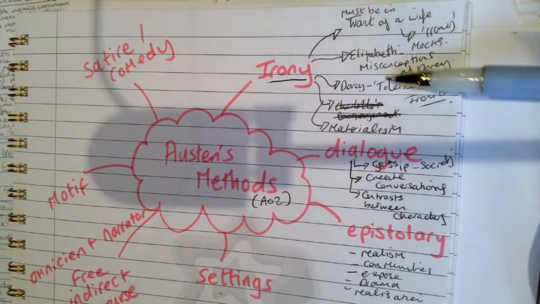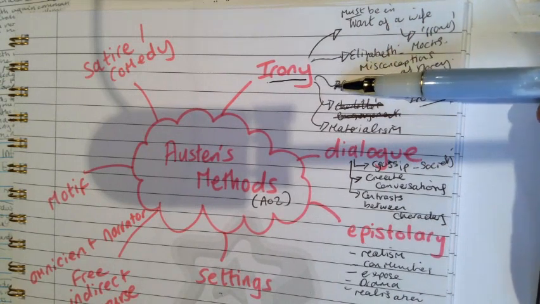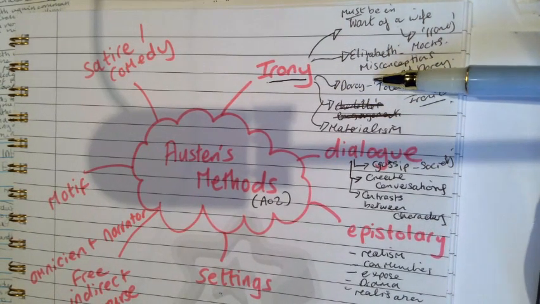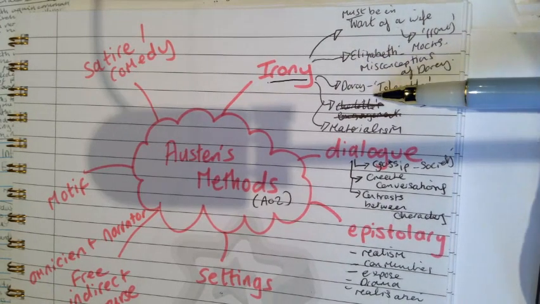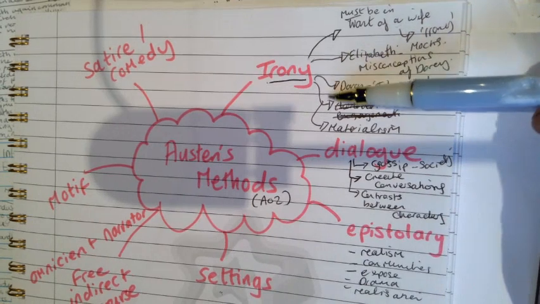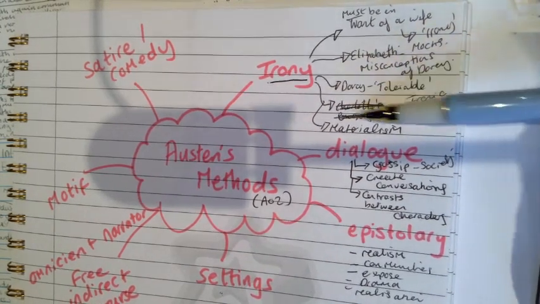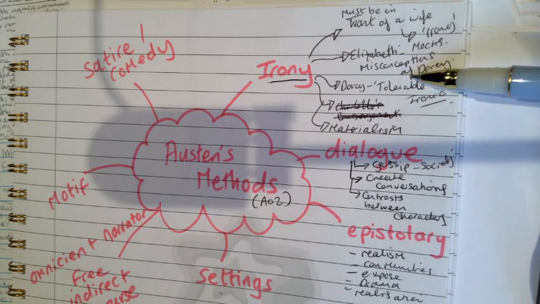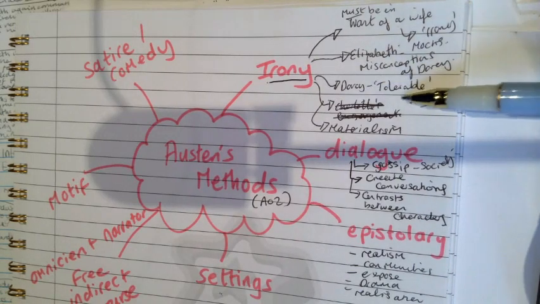Darcy's supposed to be a gentleman. He's supposed to be this clever, high society figure who's wealthy, who's handsome, who's wise, but yet he says some really silly things in the novel which create an irony.